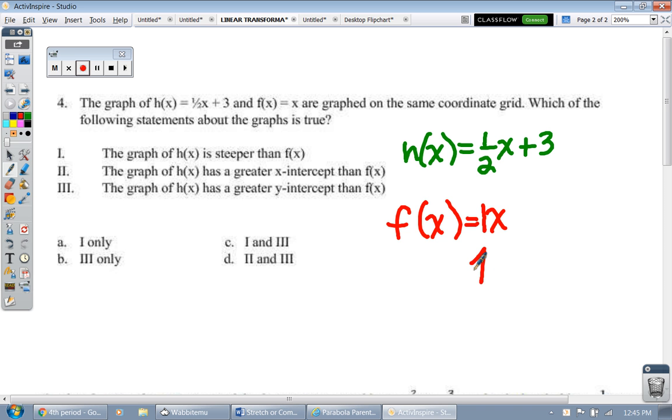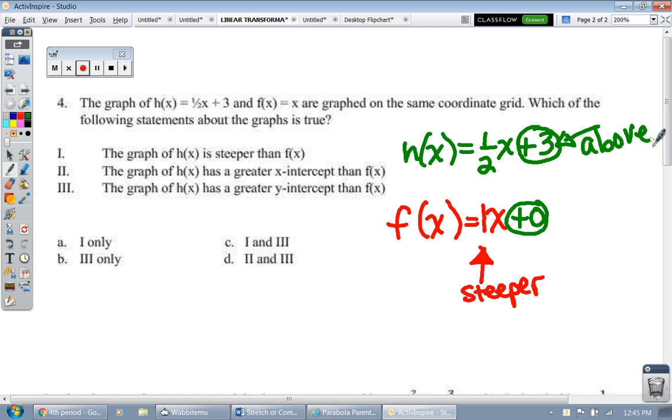So that means 1 is bigger than 1/2, which means this is a steeper graph, because I know that the number in front of x is the slope. But look at where it's at. This one is at plus 0 because there's nothing there. This one's at plus 3. So that means this one's above the red graph or the red line.